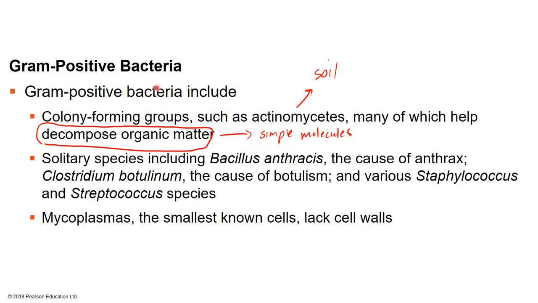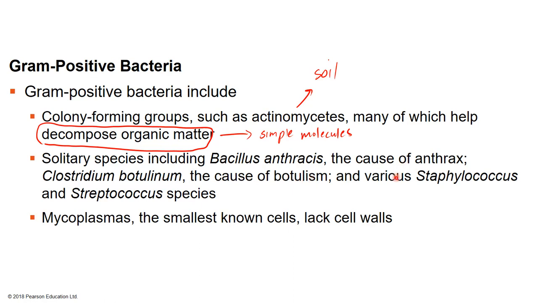Other examples of gram-positive bacteria, we have Bacillus anthracis, which can cause anthrax. It's a deadly disease caused by the spores of this type of bacteria. We have Clostridium botulinum, which causes botulism. It's a type of disease. This bacteria can secrete a toxin that can cause disease to humans.